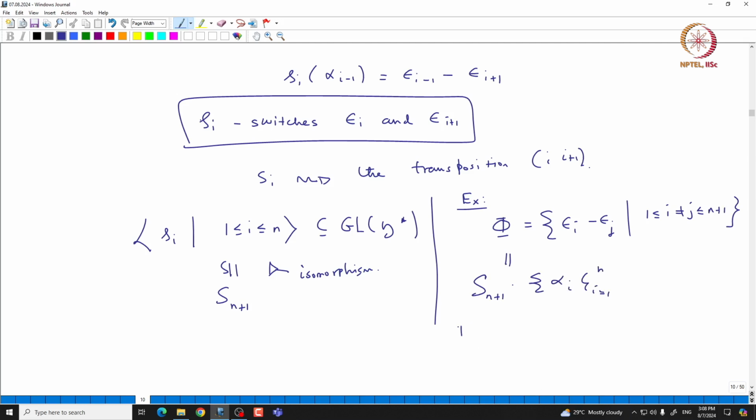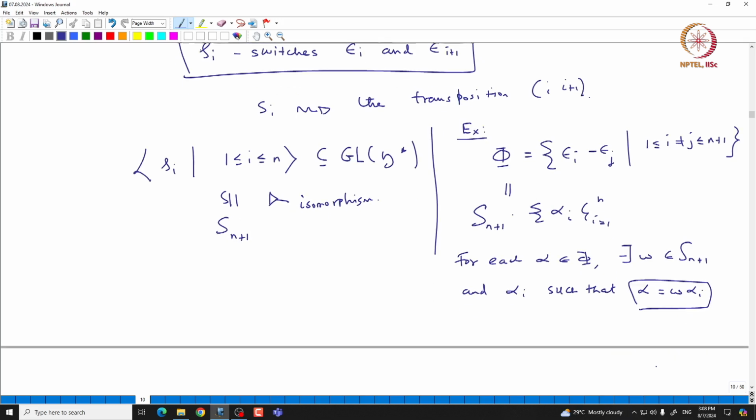So, that means for each alpha in phi, there exists w in S_{n+1} and alpha_i such that alpha equals w alpha_i.